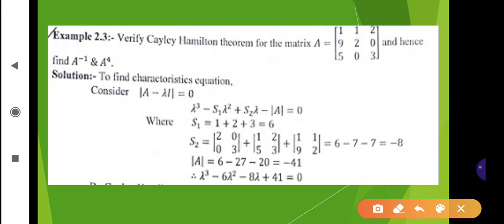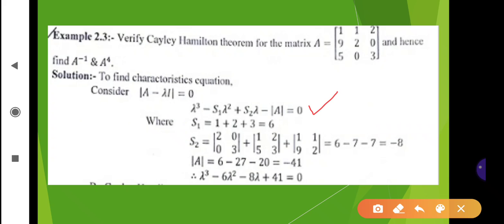For that we must know the characteristic equation of the given matrix. You already learned the concept of finding the characteristic equation. This is a 3 cross 3 matrix, so the formula is lambda cube minus s1 lambda square plus s2 lambda minus determinant of A is equal to 0.